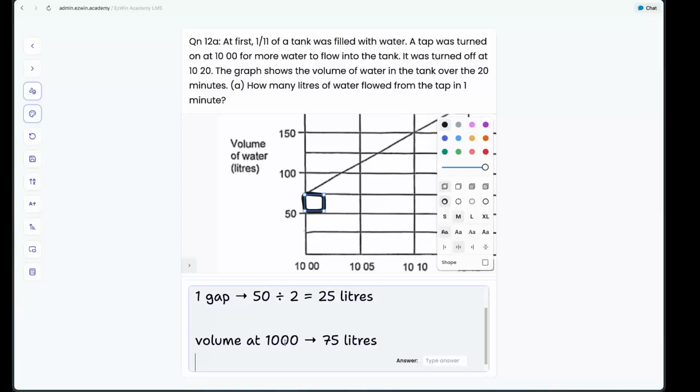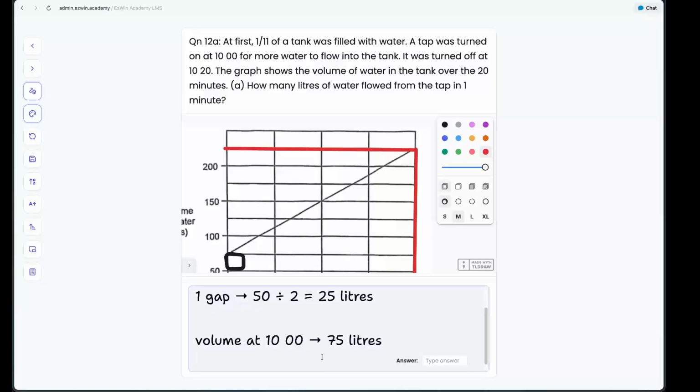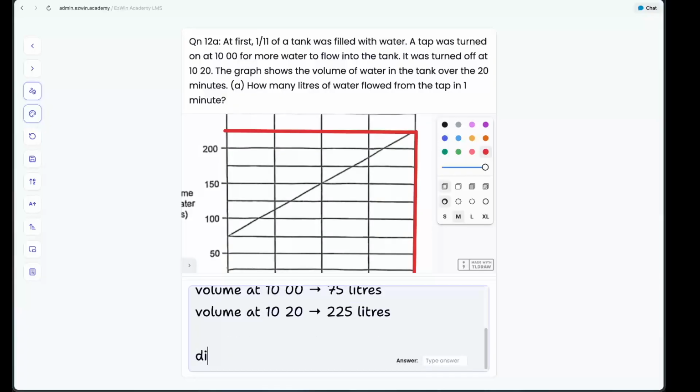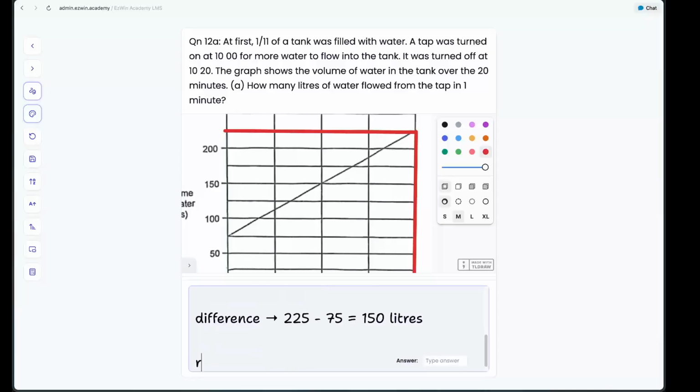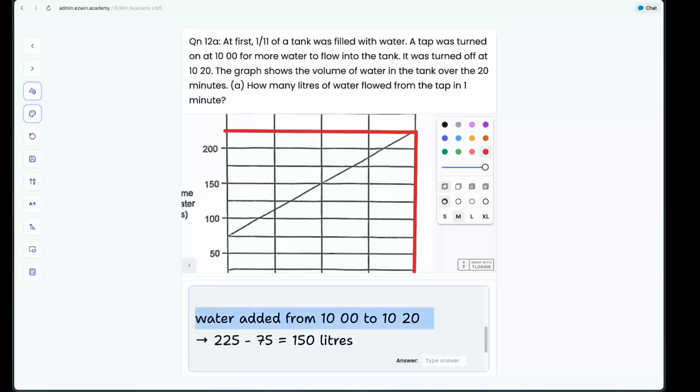Then volume at 10:20 is equal to 225 liters. So the difference will then be equal to 225 minus 75, and this will give us 150 liters. So the water added from 10:00 to 10:20 is 150 liters.